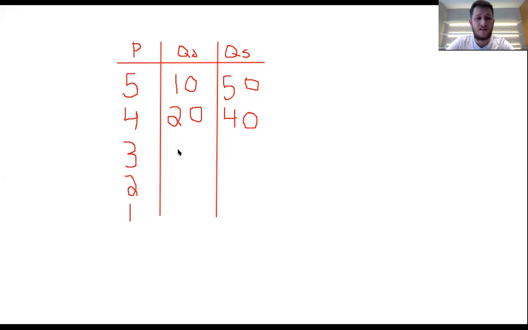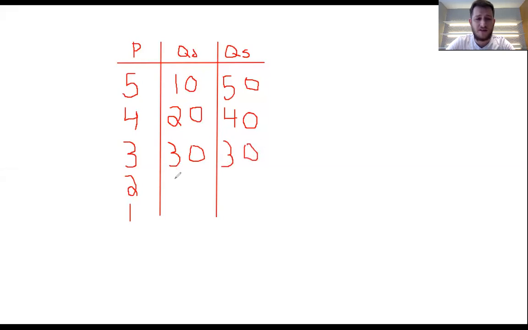At a price of 3, you can probably see a pattern here. Price of $3 is going to be 30, and a quantity supplied of also 30.